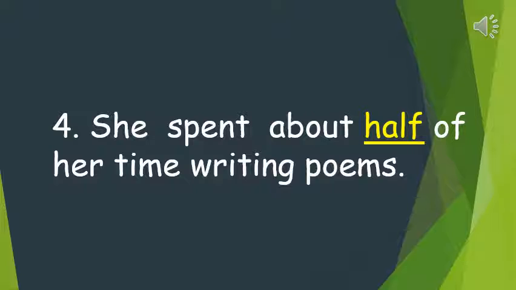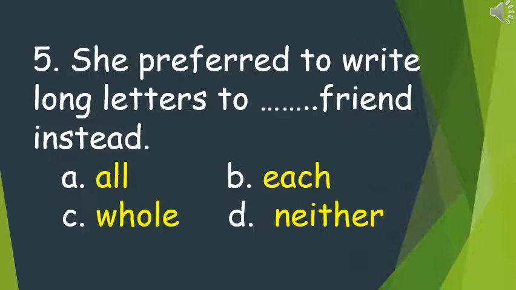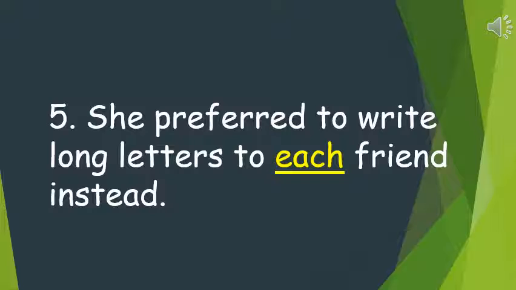She preferred to write long letters to each friend instead. Choices: all, each, whole, neither. Each refers to one member of a group, each friend. We chose each because it is followed by a singular noun.